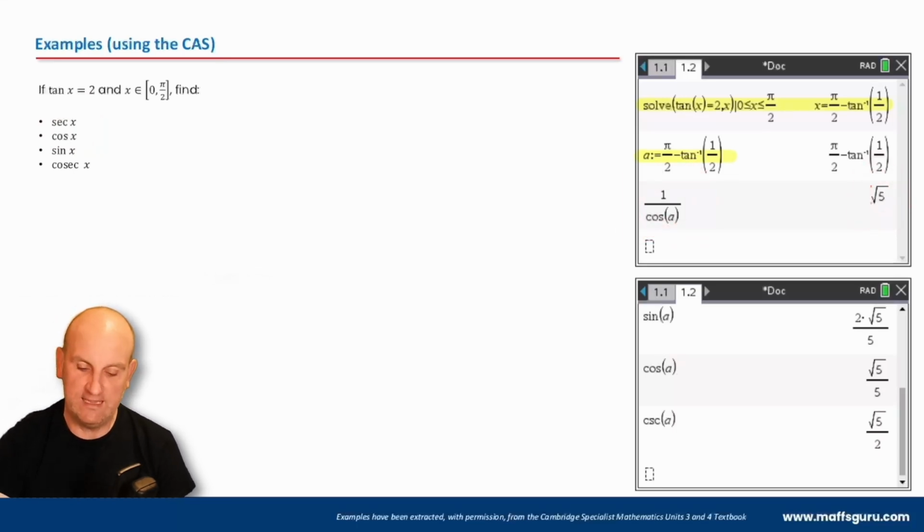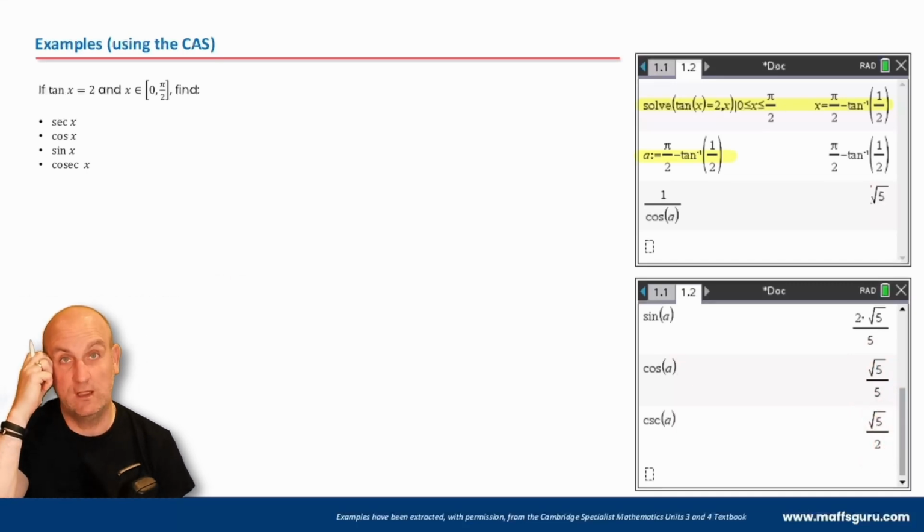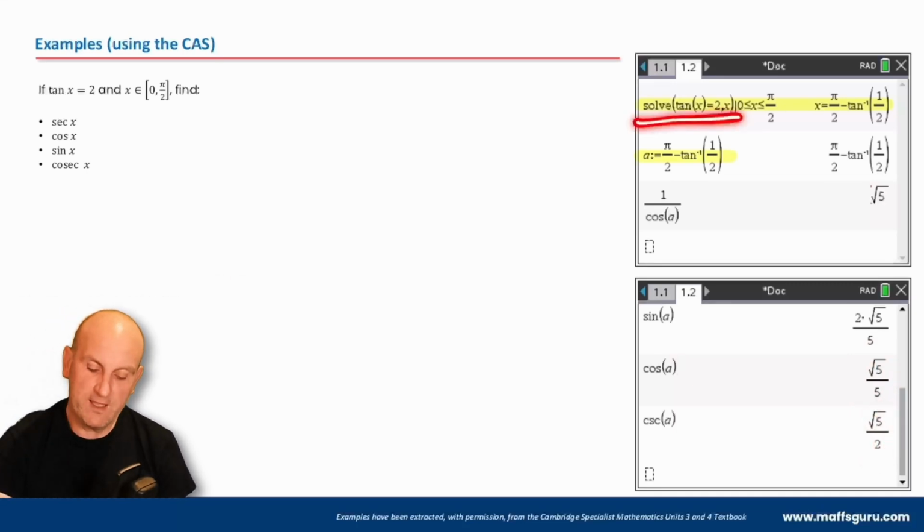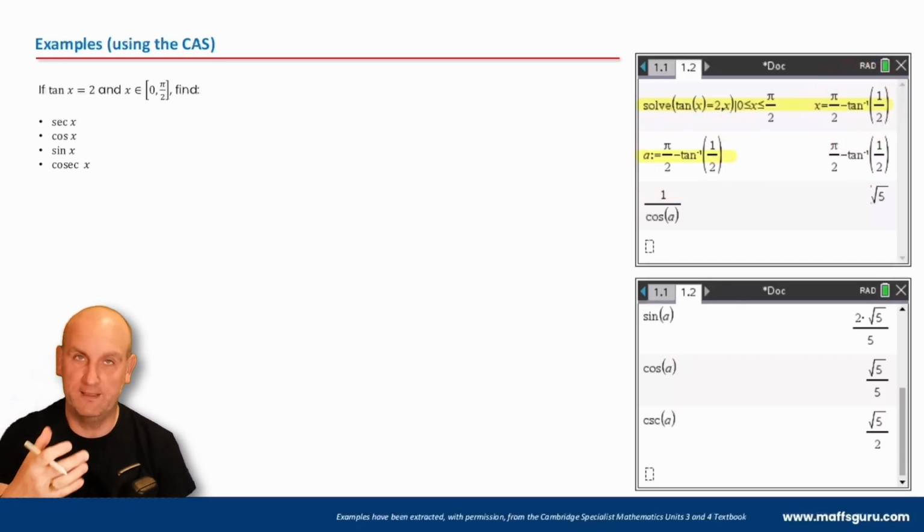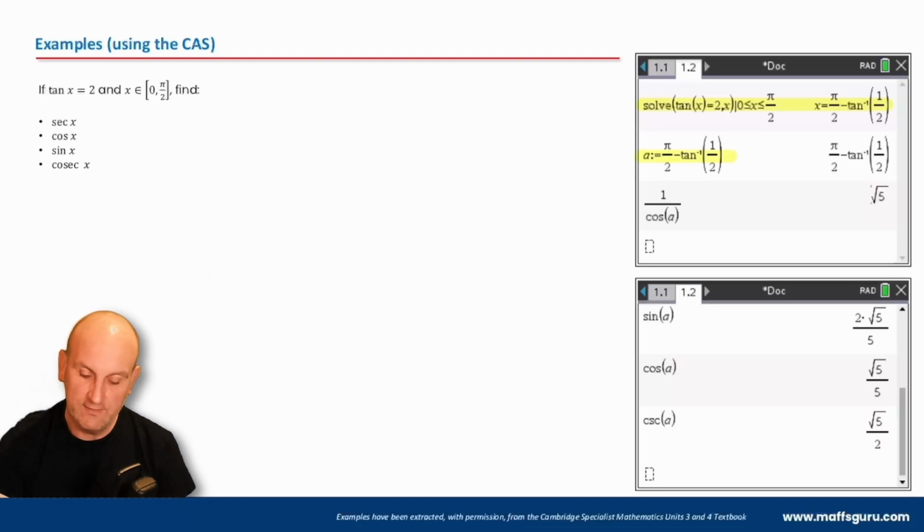Now, the great thing here is because I have limited my domain as part of the question, the calculator is going to give me the right values for each of these. As you can see, I've got root 5, 2 root 5 on 5, root 5 on 5, and root 5 on 2, which are all the values I got before. So defining that value as a specific constant makes life much, much easier. And remember, that is a colon and an equal sign to make it assigned.